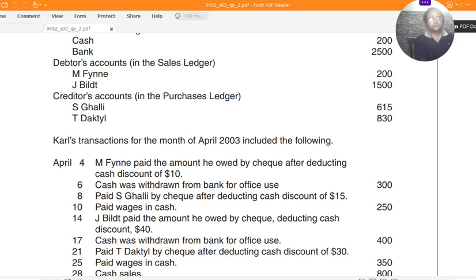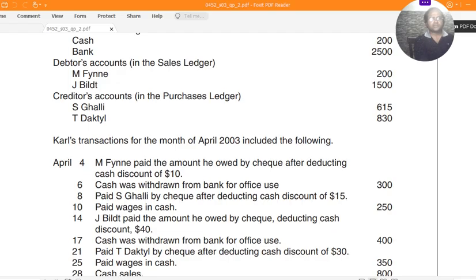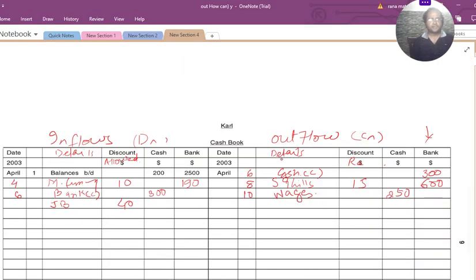So the company receives a check, with a 40 discount, and out of that we have to see how much he gives me by check. 1500 minus 40, how much? 1460.